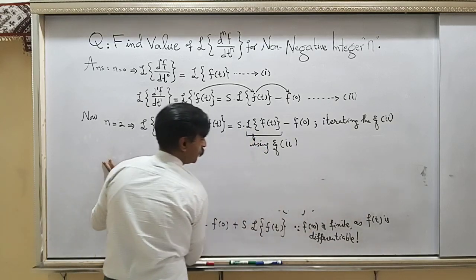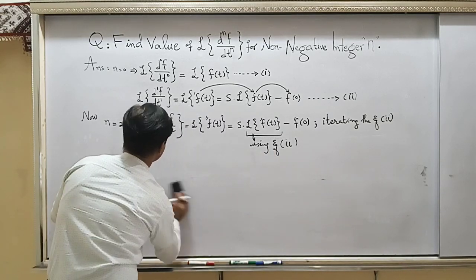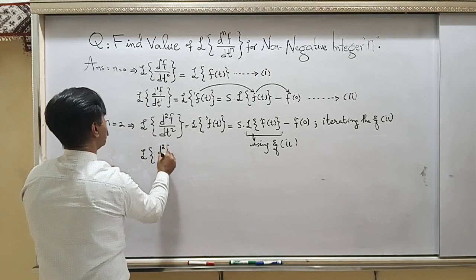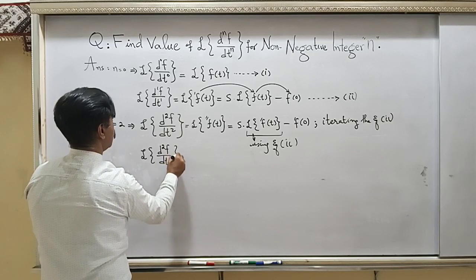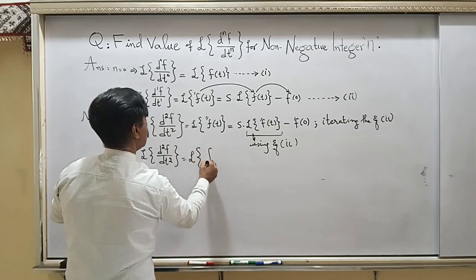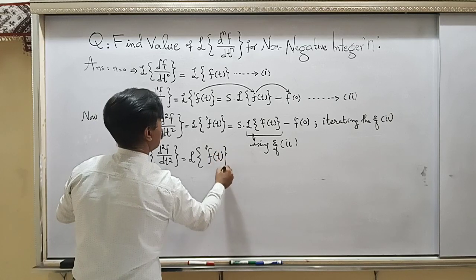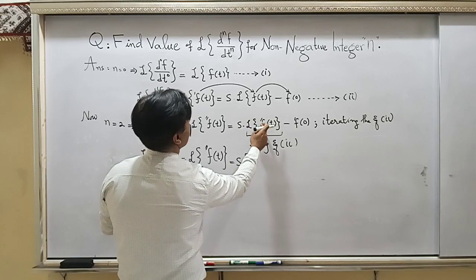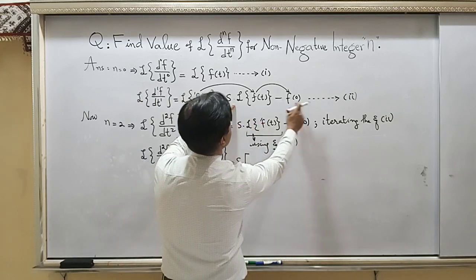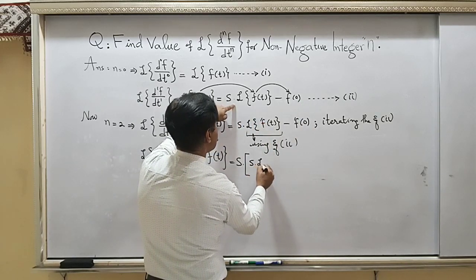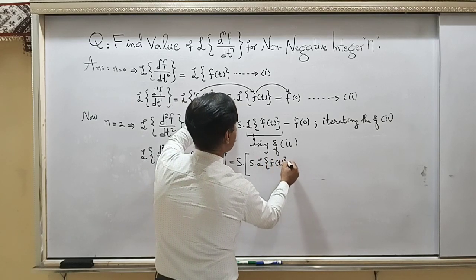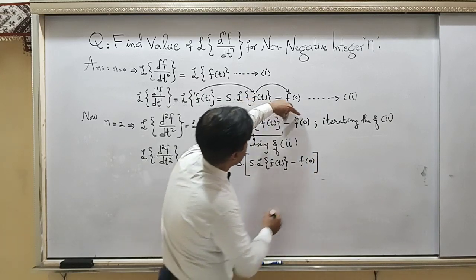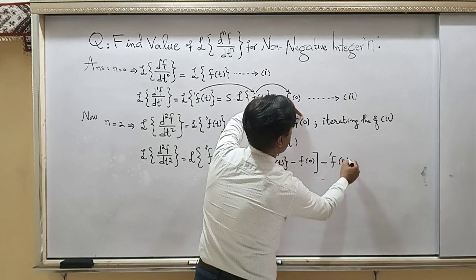Equation 2, the Laplace transform of double derivative or double prime, and this is equal to s into L of f prime, this is equal to this thing, s into the Laplace transform of f(t) minus f(0), bracket close, this thing, and this minus f prime is already present over here.